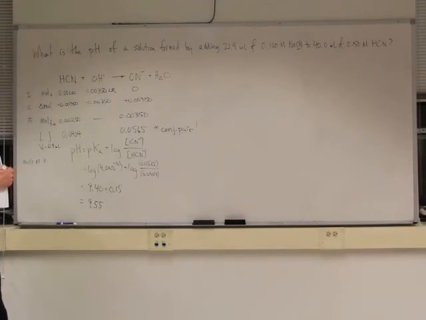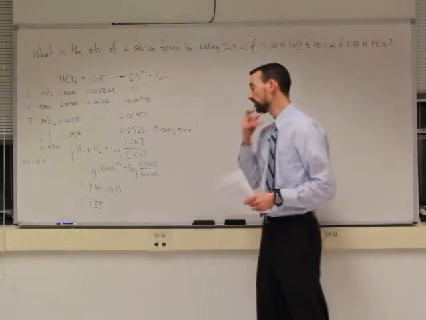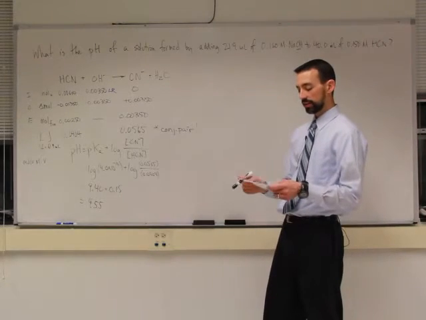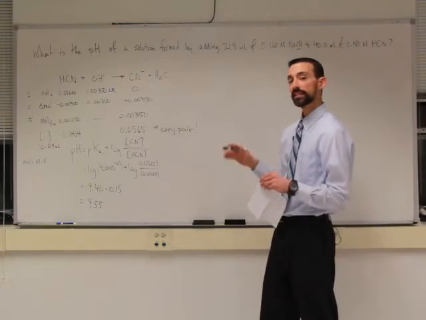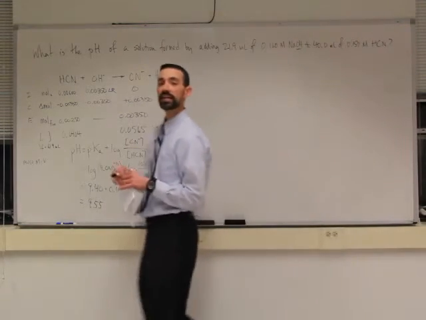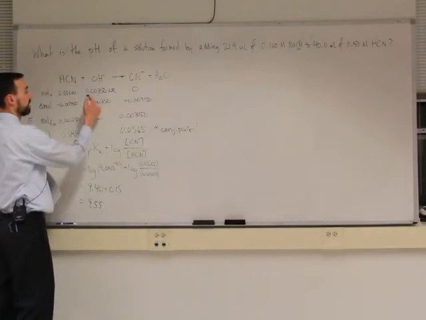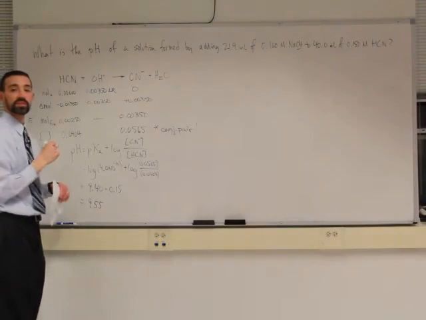So this would be just one point along the titration curve that we were looking at a little bit ago. Okay. Now I'm going to do a second example that follows up right after this one. In this example, I can tell that I have not yet passed the equivalence point because I haven't yet added enough OH to overwhelm the system.